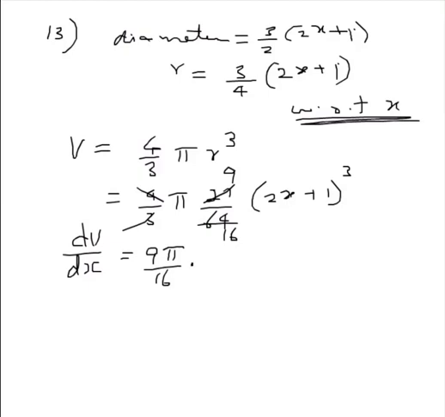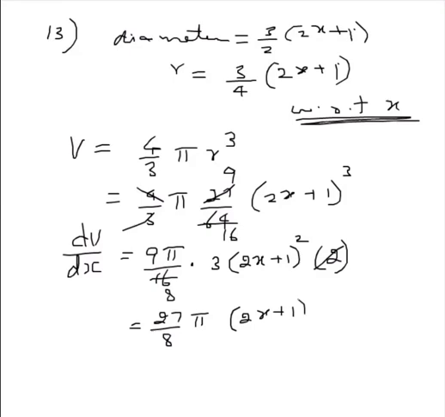Keep it outside and differentiate the power first and then the base. The differential of the power is 3 times (2x plus 1) whole square. When you differentiate the power, the base has to be kept as it is. Now the base has to be differentiated: 2 into the differential of x with respect to x, which is 1. So it is 27 over 8 pi (2x plus 1) the whole square.